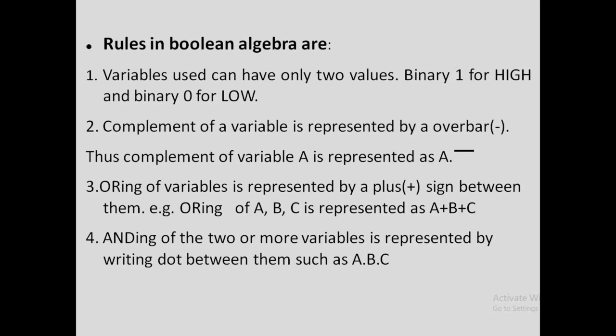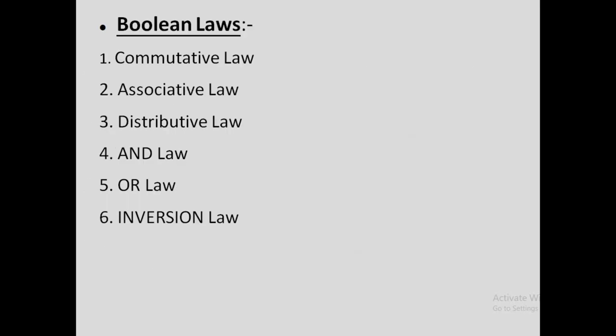Rules in Boolean algebra: variables used can have only 2 values, 1 or 0. Complement of a variable is represented by an overbar. ORing of variables is represented by plus sign. ANDing of 2 or more variables is represented by dot.